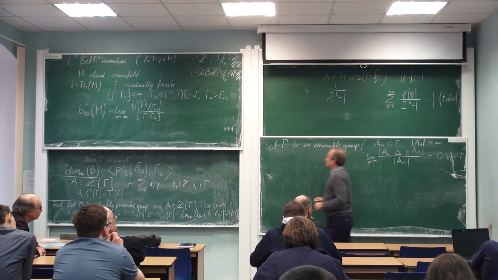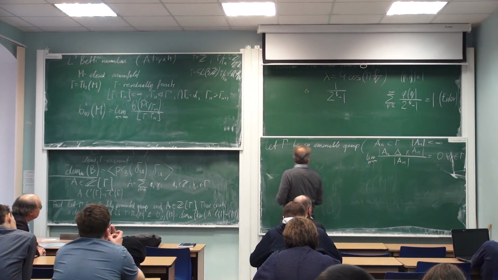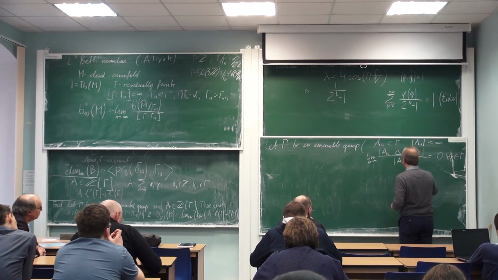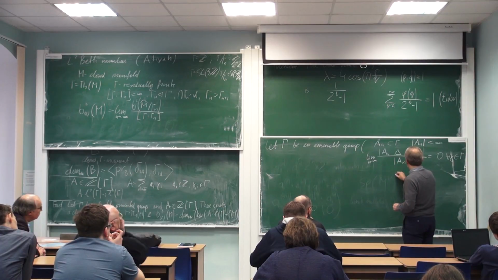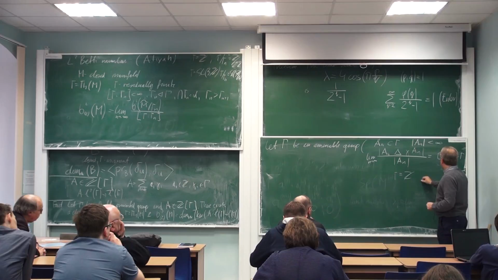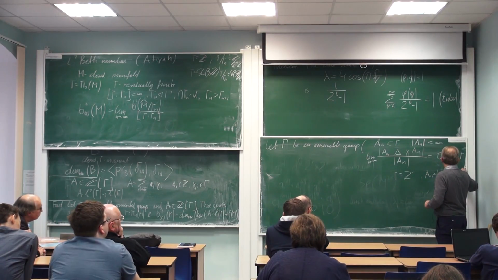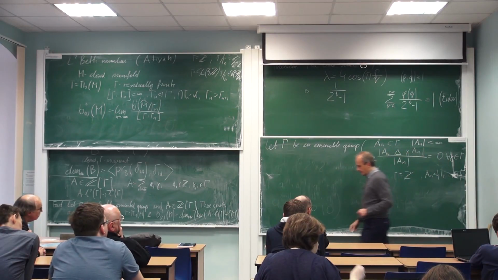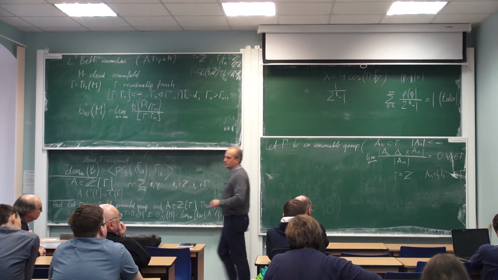Okay, so an example of such a group is, for instance, the integers, and then for the subsets A_n you can consider the numbers from 1 to n.